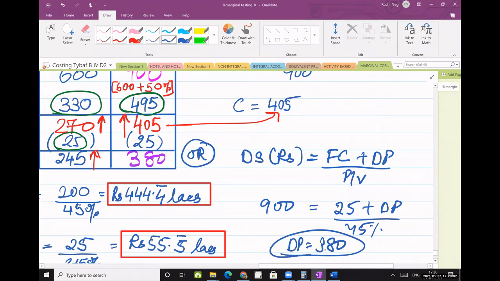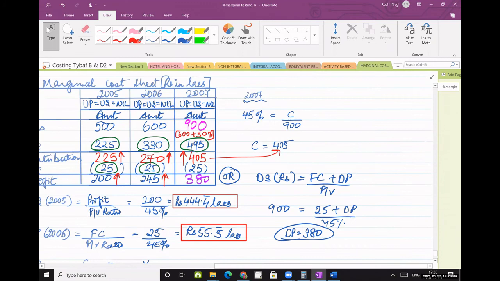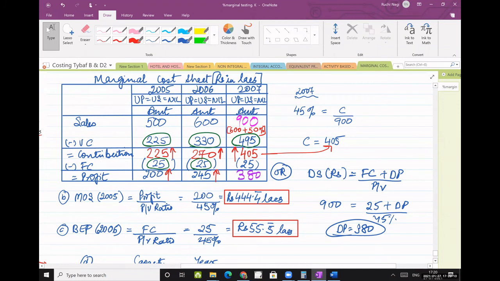Understood how to cross check? So you can find desired profit from the statement also. You can apply the formula and find desired profit also. Both the ways are correct. Okay. तो ये भी हो गया हमारा.